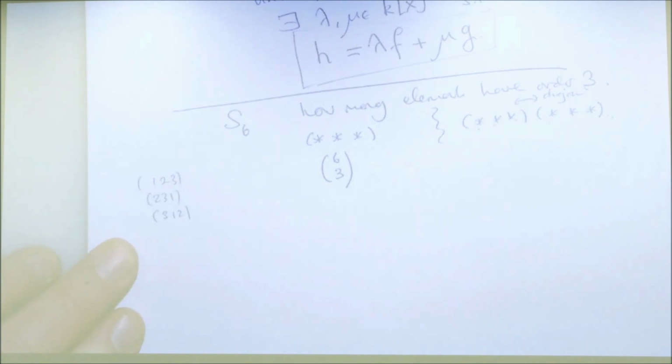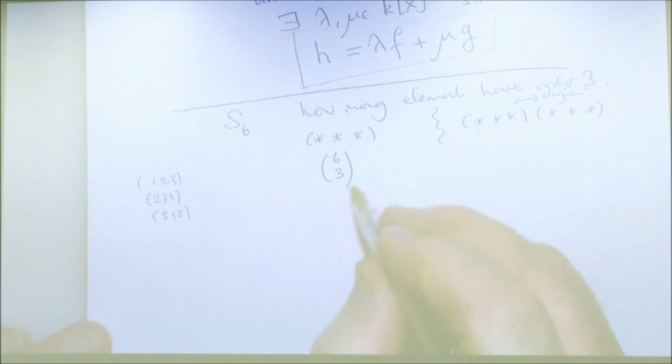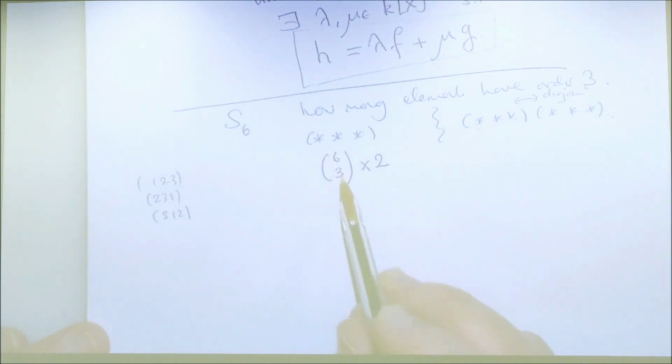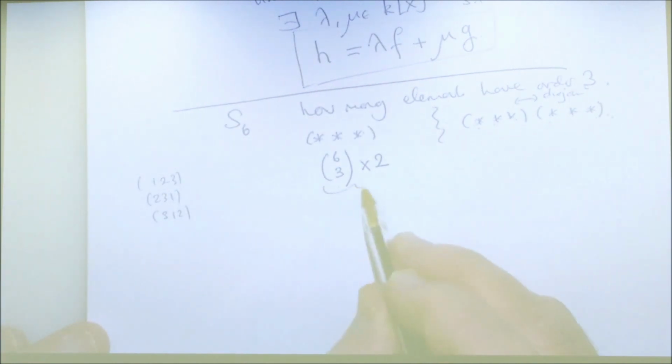So if you've got a 3 cycle, you can always take the smallest entry and put it at the front. I choose the 3 things which are going to go there in 6 choose 3 ways, I put the smallest at the front, and then the other 2 can go in 2 ways round. So that's going to be the answer for how many 3 cycles there are. 6 choose 3 is 20, so that's going to be 40.